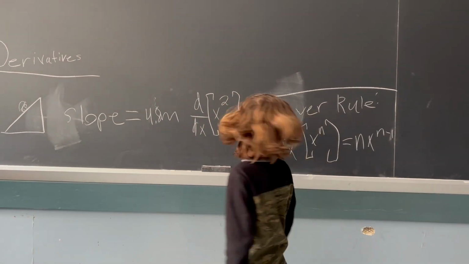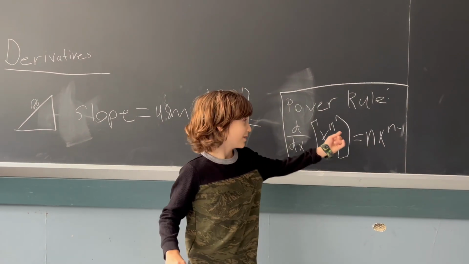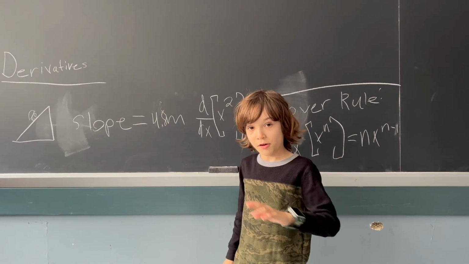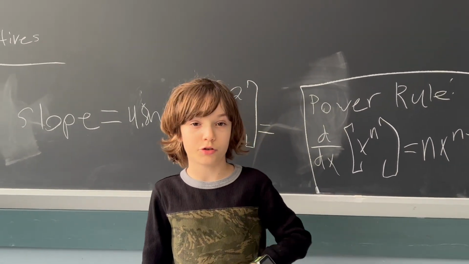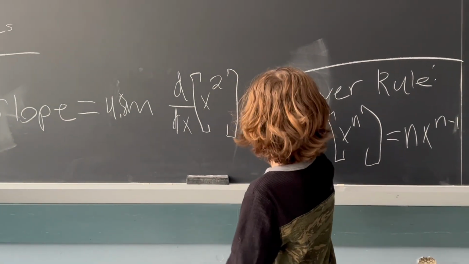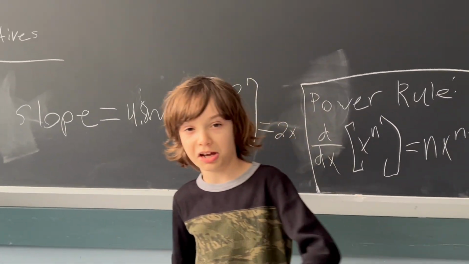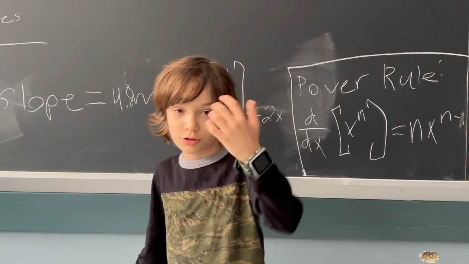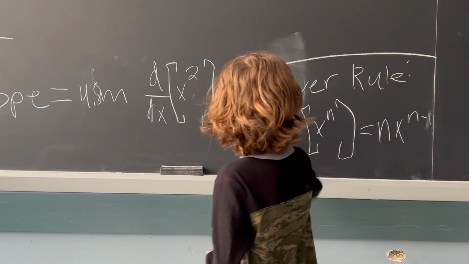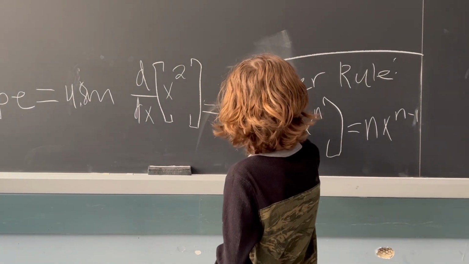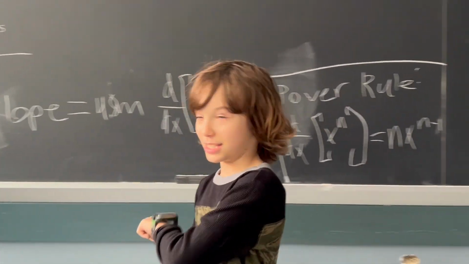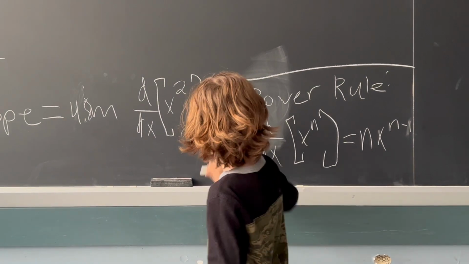Well, what is n in this equation? n is just the exponent, so the exponent in this case is 2. That means it's 2x to the power of n minus 1. n is 2, so we do 2 minus 1, and that is equal to 2x to the first power. But the simplified version is just 2x.